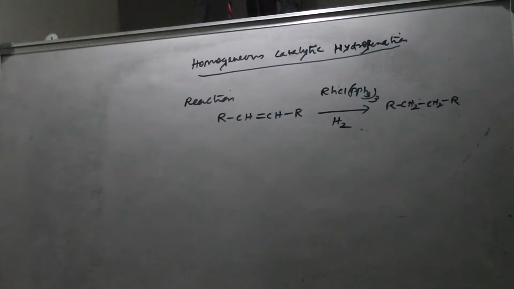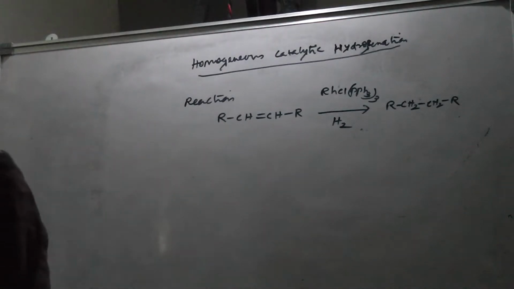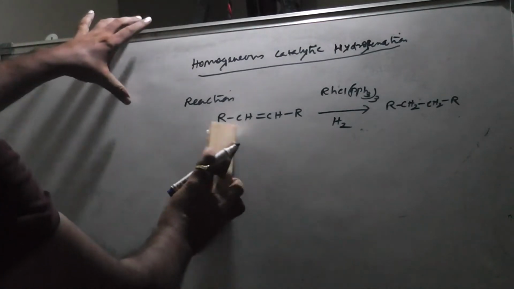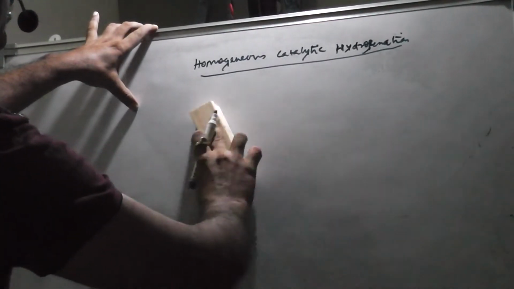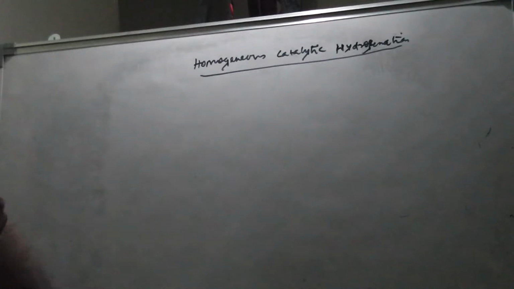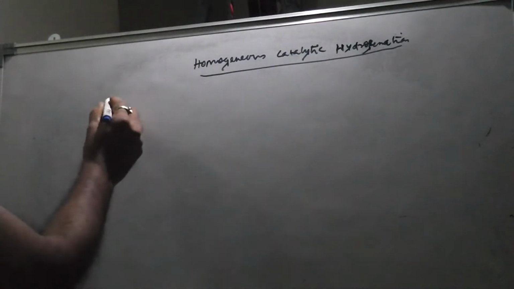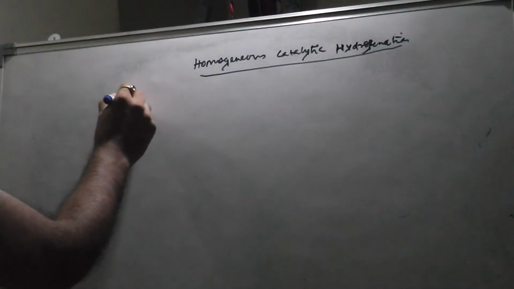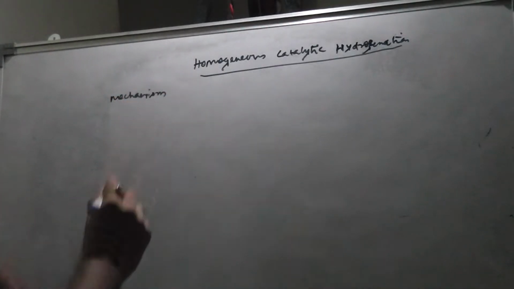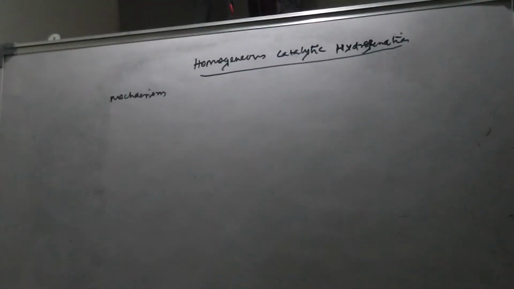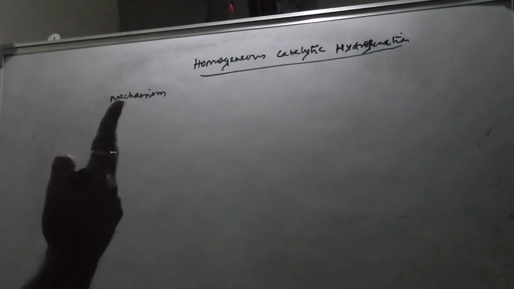Now the mechanism of the reaction. There are two ways we can represent the mechanistic pathway.